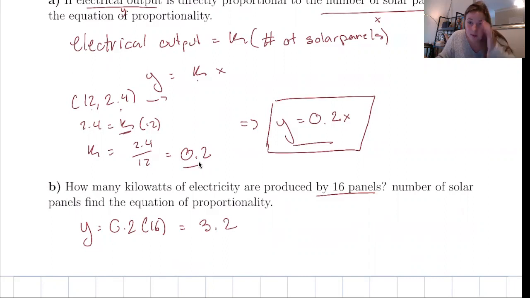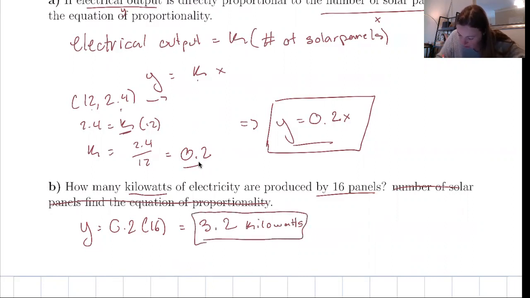And how many kilowatts? It already tells me my units, so I don't even need to scroll back up. Okay, so that's direct proportionality for you guys. It's just a line where the y-intercept is 0. Pretty fun. Alrighty.